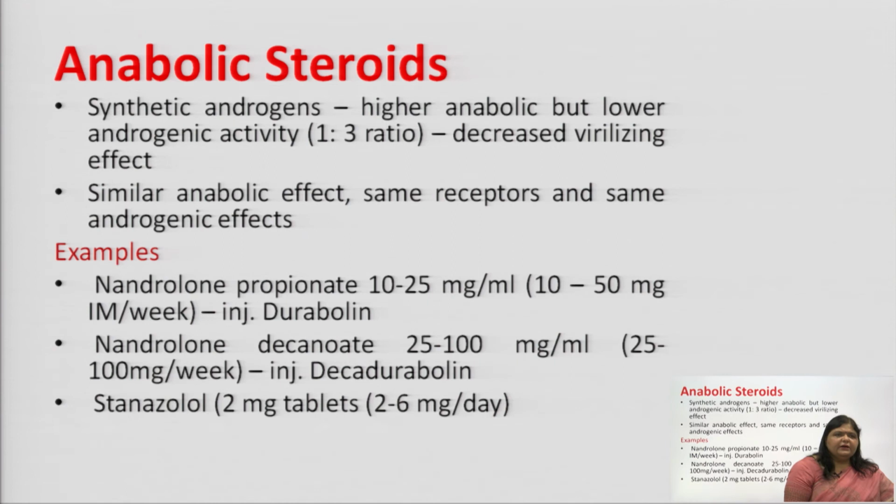These anabolic steroids act on the same receptors, that is the androgenic receptors. They have the same androgenic effects as we talked about for testosterone or the androgens, and they have the same anabolic effects, but these are synthesized in such a way that they cause fewer androgenic effects.